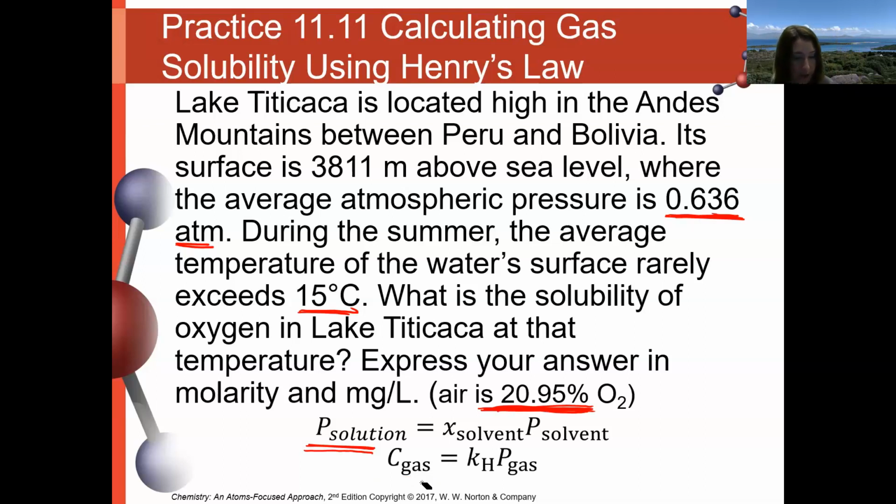Okay, so how are we going to do this? We're asked to determine the solubility, which is the maximum concentration of oxygen gas in water at 0.363 atmospheres and 15 degrees Celsius. That's what we're asking.